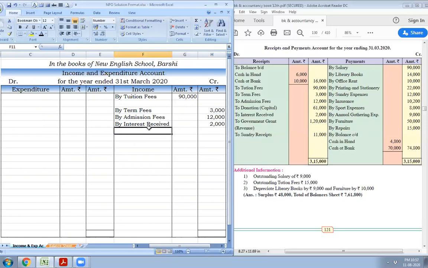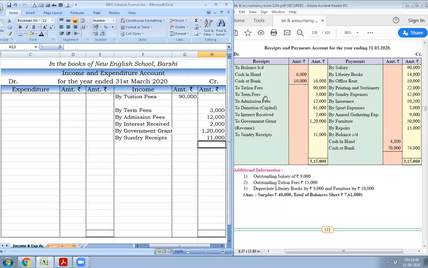Government grant revenue income, by government grant income rupees 1,20,000, and sundry receipts, by sundry receipts amount rupees 11,000.